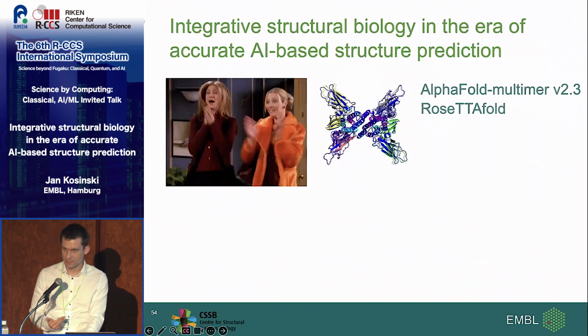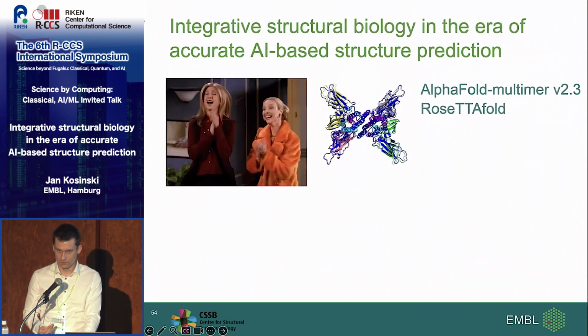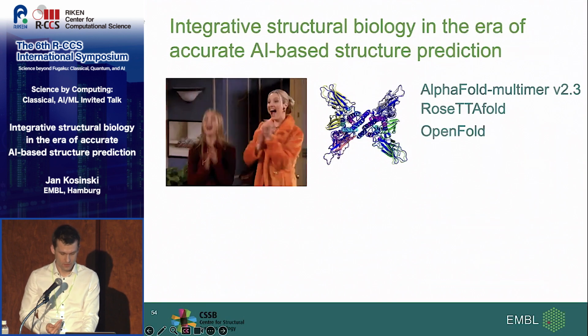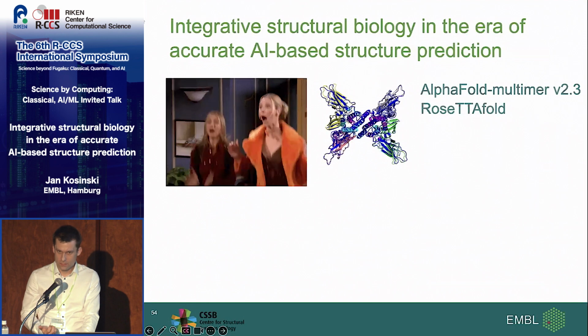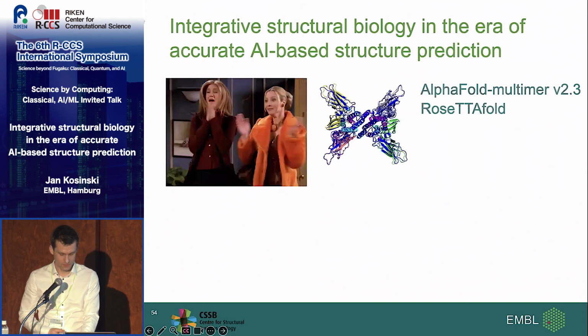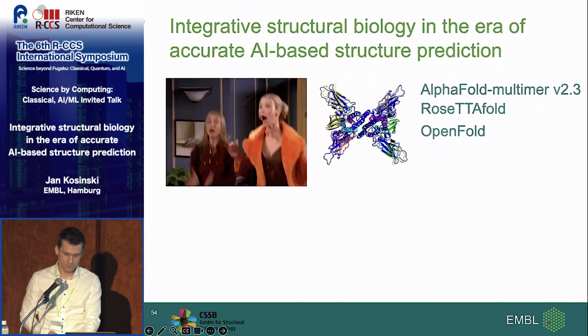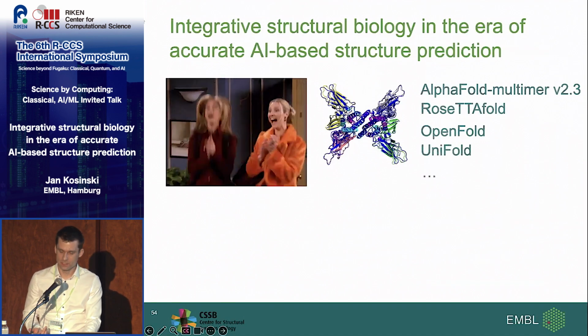There are other programs, like academic programs from David Baker, RosettaFold, which is also a very good program for modeling and has other features like modeling post-translational modifications, ligands, and all kinds of things. And some other implementations based on AlphaFold, like OpenFold, Uni-Fold, and many others.